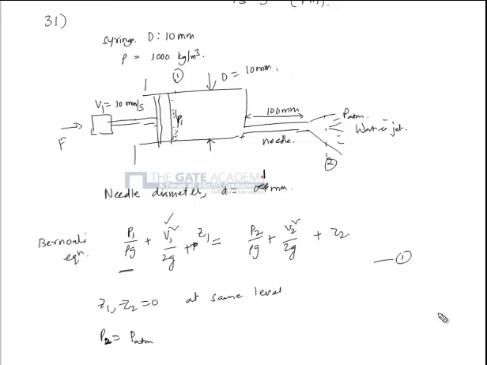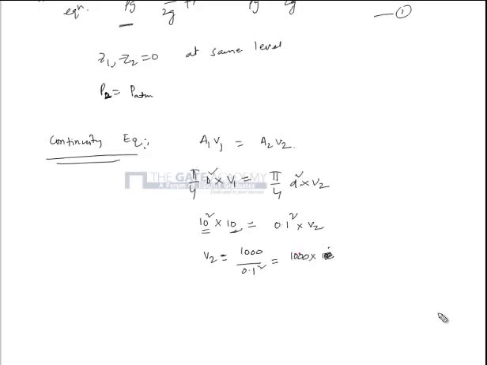The small d is given as 1 mm. So this is 1, this is 1, and it comes out to be 1000 mm per second, or converting to meters, 1 meter per second.